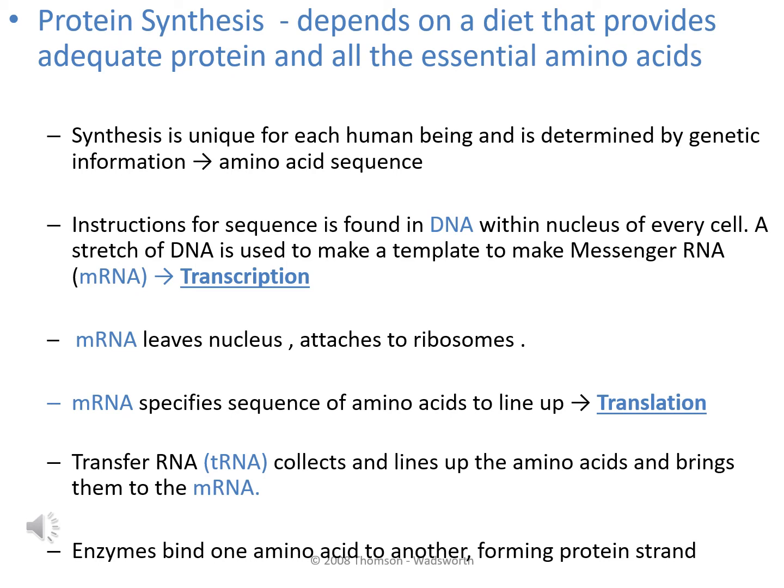Another form of RNA, called transfer RNA, then goes out into the cellular fluid and collects the specified amino acids, brings them back to the messenger RNA, and they line up in the specific sequence. Once they're there in that specific sequence, they are then bound together by enzymes to form a brand new protein strand.